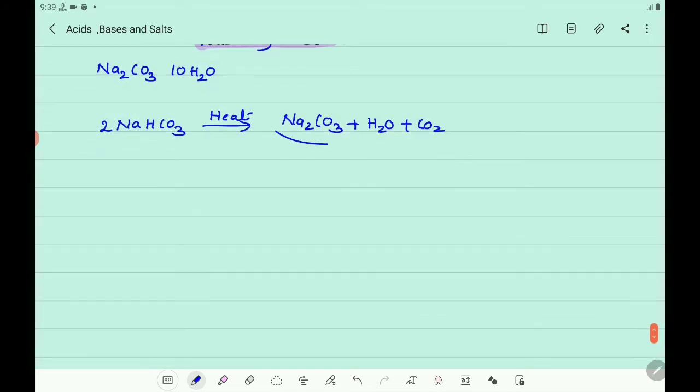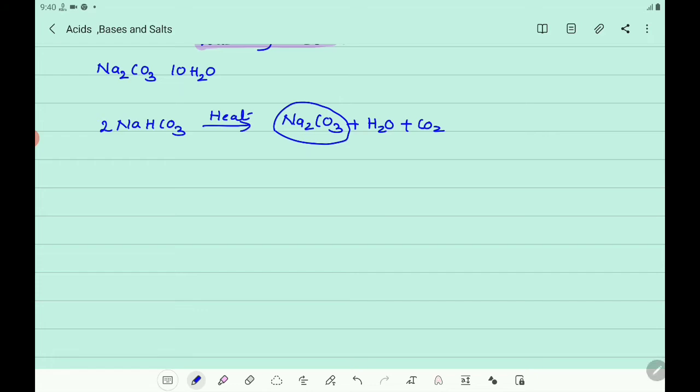Now this Na2CO3 undergoes recrystallization. By the recrystallization of sodium carbonate we will get washing soda, that is sodium carbonate decahydrate.